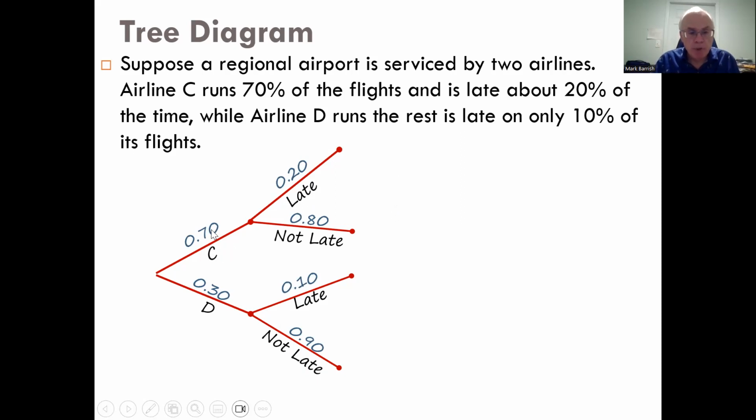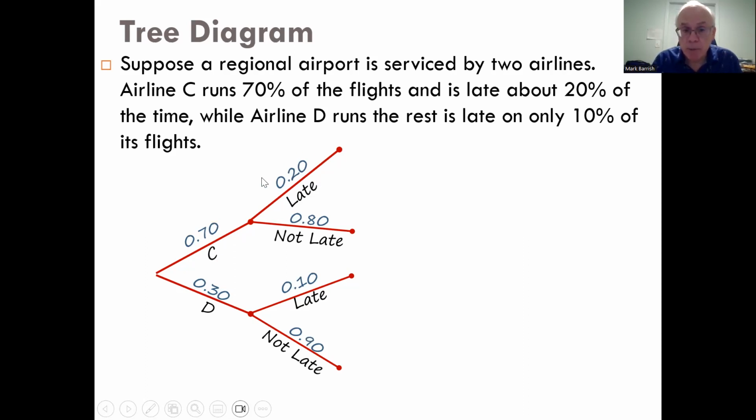C is the 0.7, the probability that you have taken airline C. 0.3 is the probability of taking airline D if they are the only two choices. Now, looking at this branch of the tree here, the C branch, notice it branches out into late and not late. Now, 0.2, that is the conditional probability that you're late, given that you've taken airline C. All right, makes sense, right?